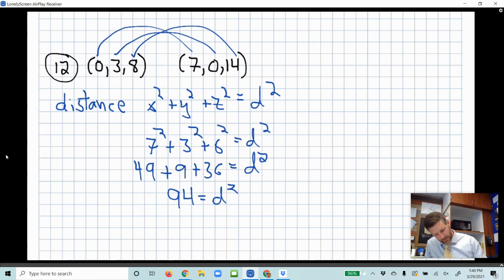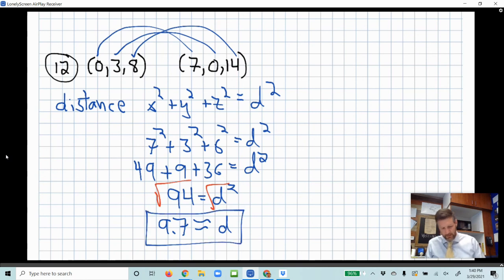If I then take my square root, I get d is approximately 9.7. So there's our distance formula, basically Pythagoras, but in 3 dimensions. And there's no reason to even graph it, but the diagonal between them would be roughly 9.7.